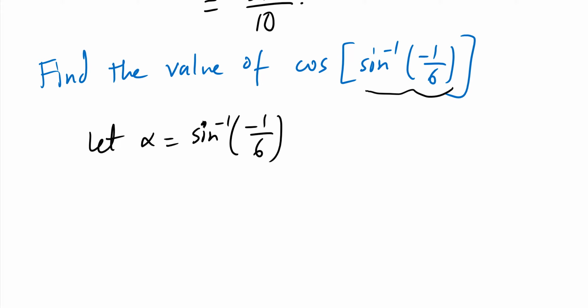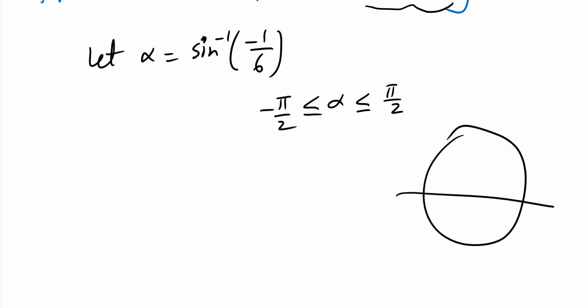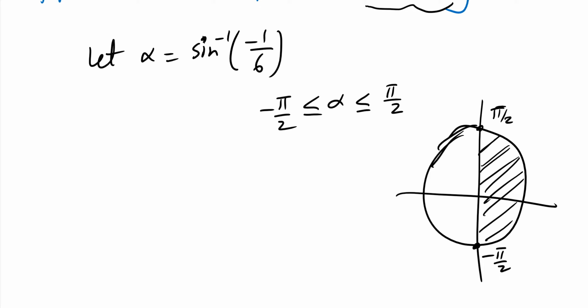And we know that sine inverse, which is alpha, is from exactly negative pi over 2 to pi over 2. So I have it in quadrant 4 and quadrant 1, so in these two quadrants.